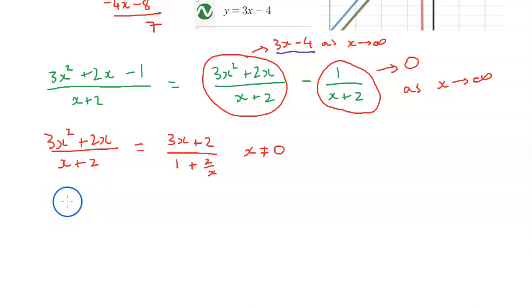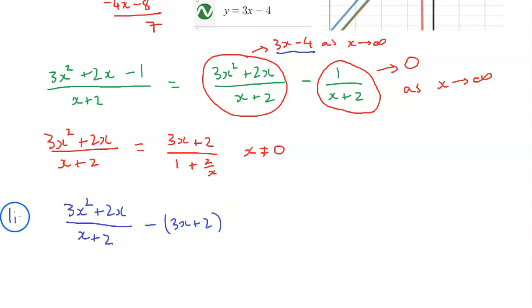Let's actually use limits. So (3x squared plus 2x) divided by (x plus 2). If this thing was to get closer and closer towards 3x plus 2, then when we subtract 3x plus 2 from this, the limit as x tends to infinity of the whole thing should equal 0.